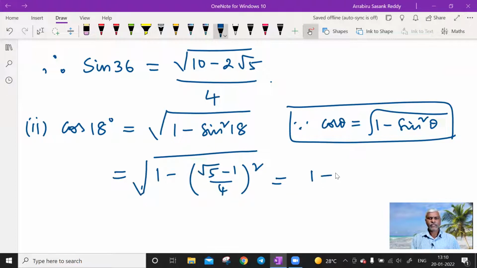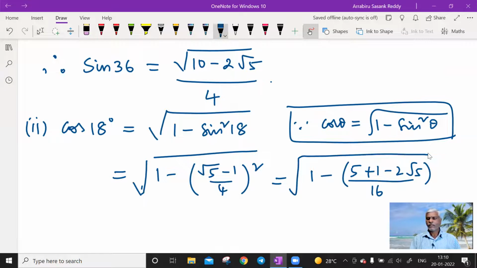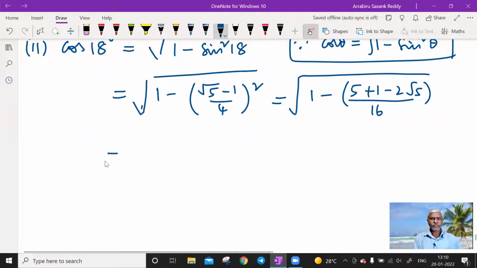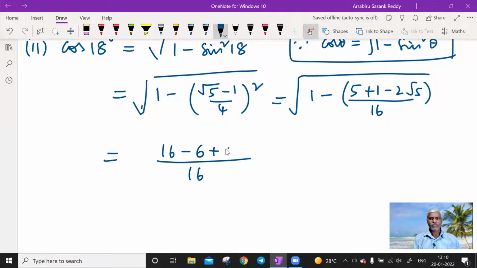So 1 minus (a minus b) whole square, 5 plus 1, minus 2ab, 2 root 5, by 16. Taking LCM 16, minus 6, plus, minus into minus becomes plus.